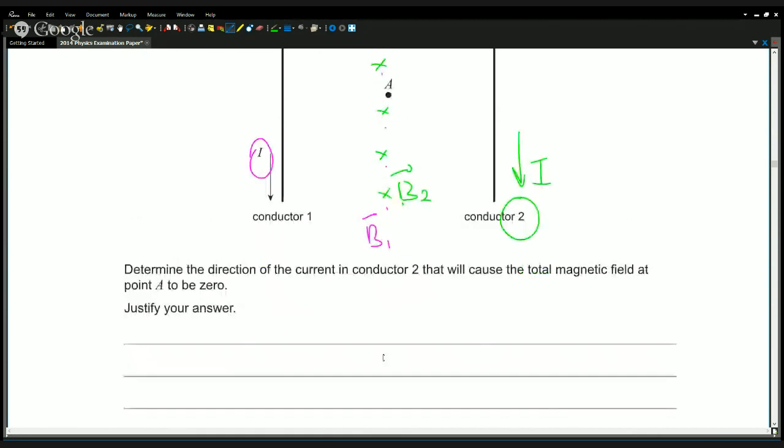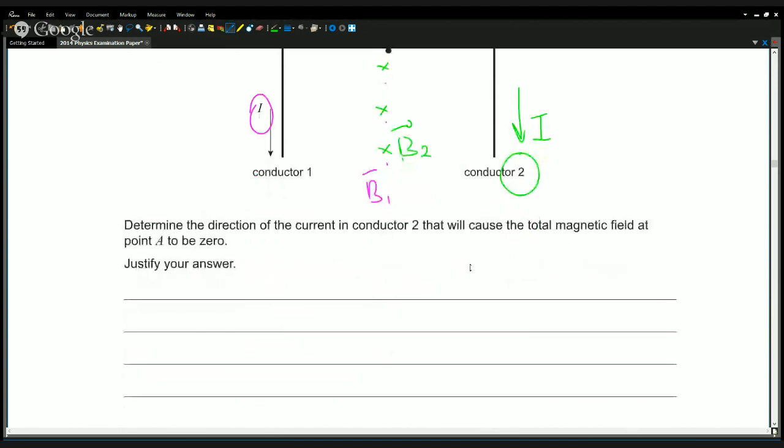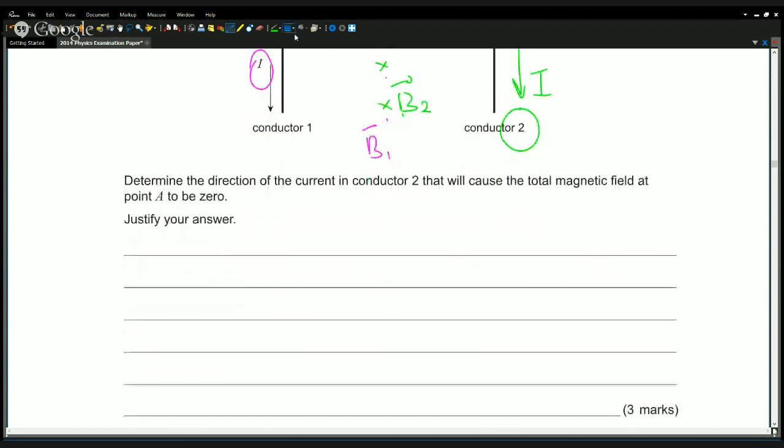Let's go back to a happier neutral color, our blue pen.